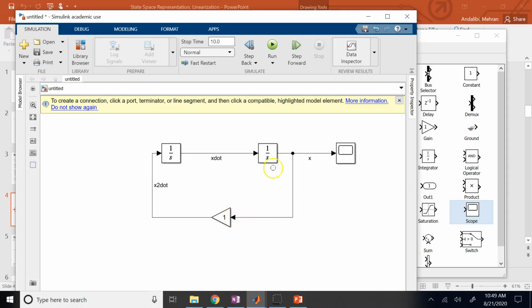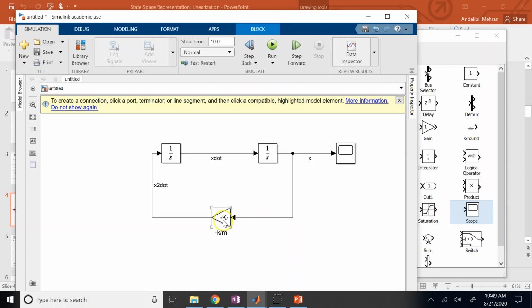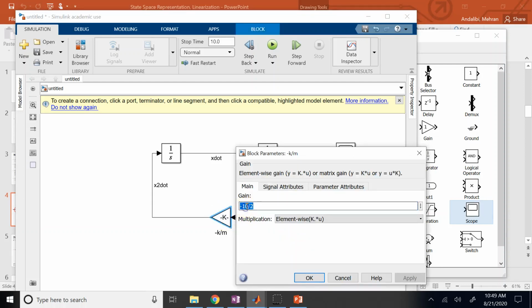So if I bring this guy here and I call this gain negative k over m, then I can get my x double dot, right? And here I assume that k is, just give it a number, 18, and then m is 2, okay? Or let's use some good numbers so that the natural frequency is a round number.